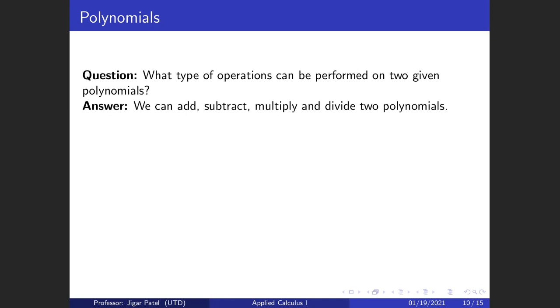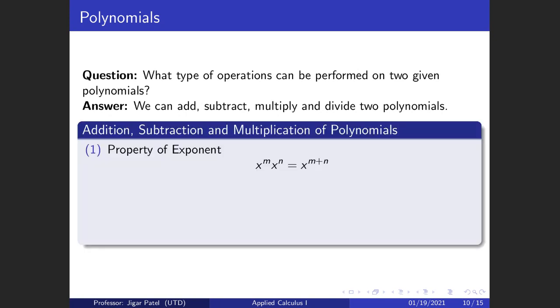The first rule is called the property of exponent, and this is fairly simple. If you have two exponents sharing the same base multiplied together, then this is how you simplify it: keep the base the same, add the powers. If I ask you to multiply x cubed with x to the power 2, all you have to do is keep x as a base and add the powers. 3 plus 2 is 5.